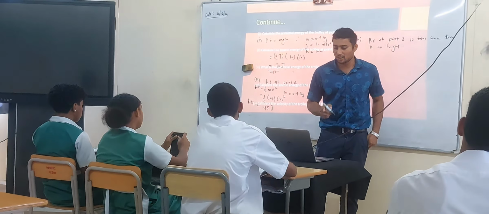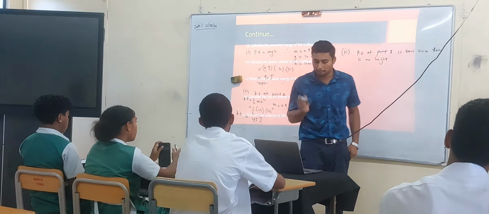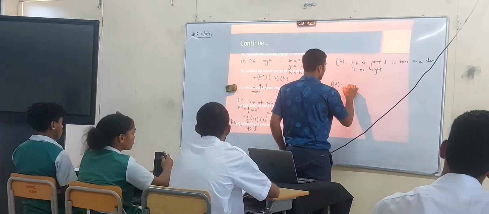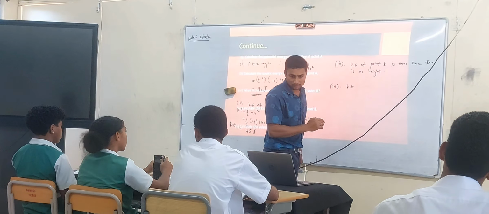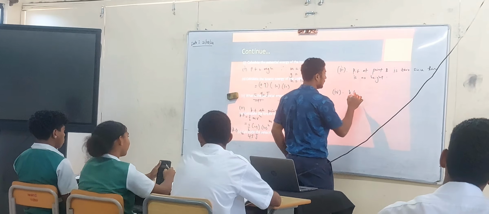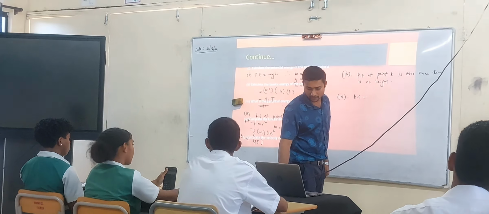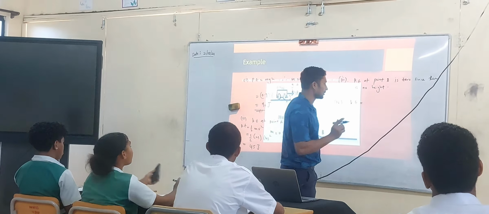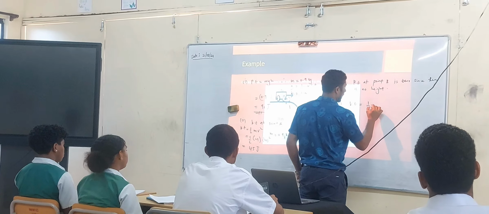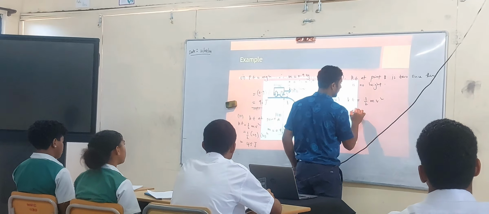Calculate the kinetic energy of the trolley at point B. So kinetic energy is half mv squared.